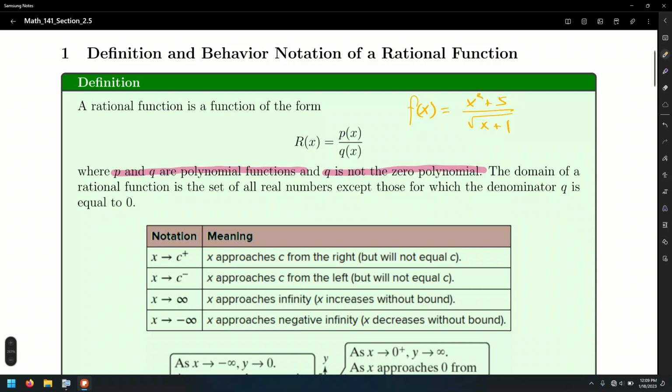If we think about the strict definition, a rational number is basically an integer divided by another integer. That's what a rational function is, extending this concept to functions. Yes, the polynomial in the numerator, x squared plus 5, is going to output integers all the time.